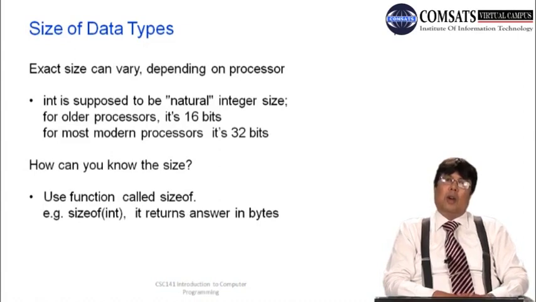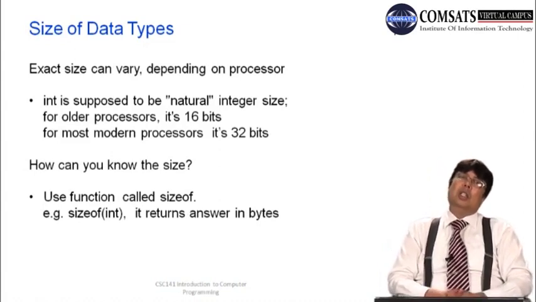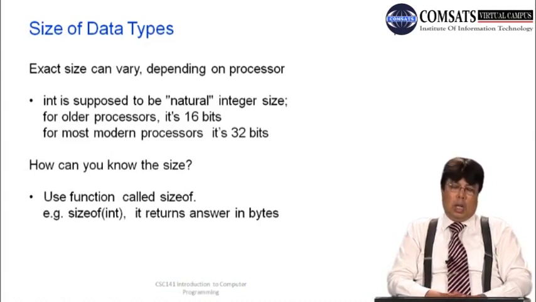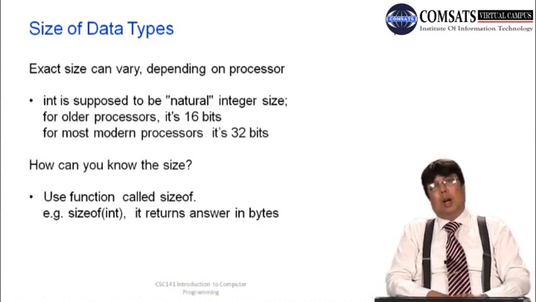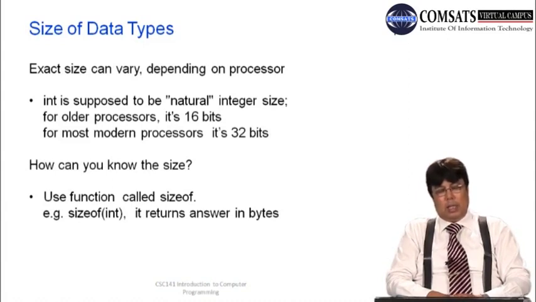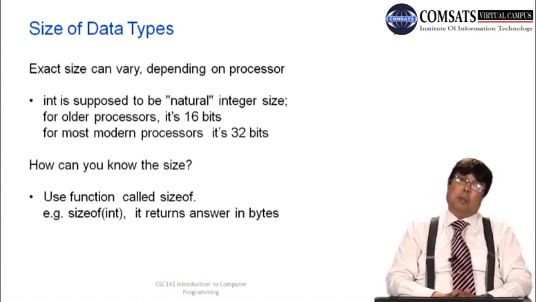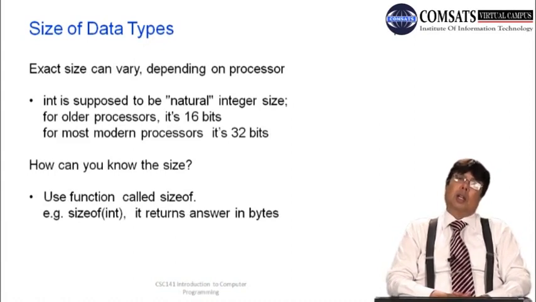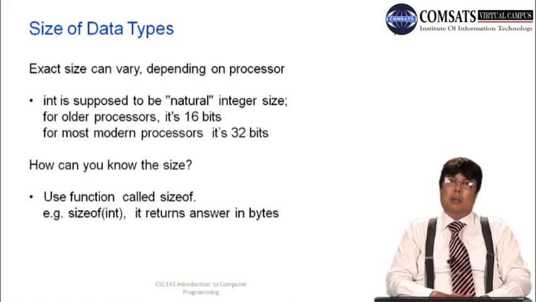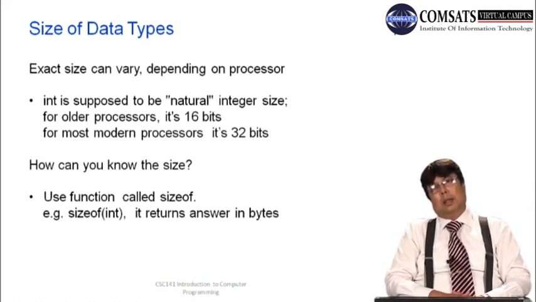So if you want to see what is the word size or the integer size of your machine, you can use a built-in function of C language which is sizeof. You can use it in the printf function. I will also explain what printf is later on. So you have a function in C language which you can use to find out the size of int, float, double, character, the default size of your compiler on your hardware.